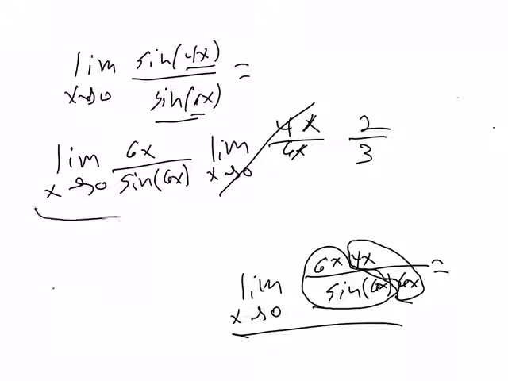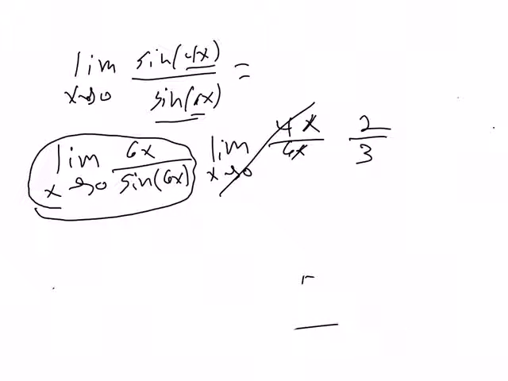So now the question is, what is this limit? Let's call that limit y. So y is equal to the limit as x goes to 0 of 6x over sine 6x.